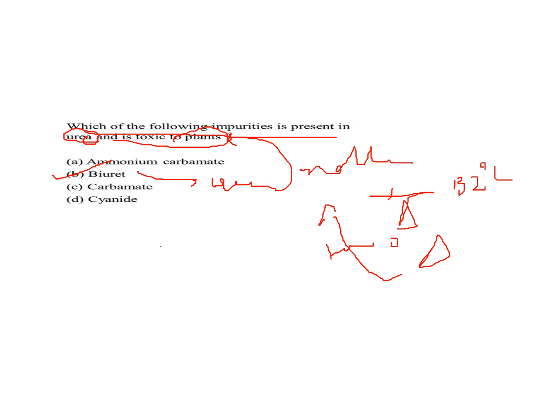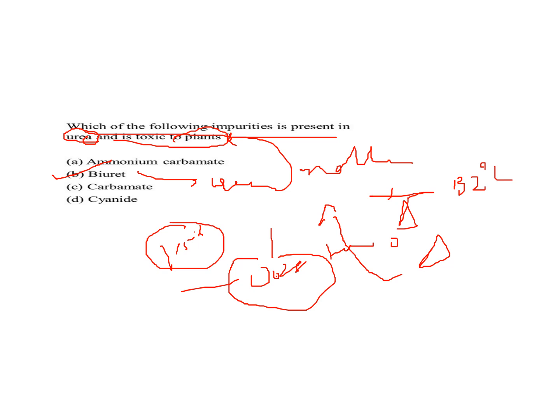The acceptable range is 1.5 percent normally, and for foliar spray it is 0.25. If the biuret concentration is more than 0.25 in the case of foliar application, or 1.5 in normal conditions, it is toxic.